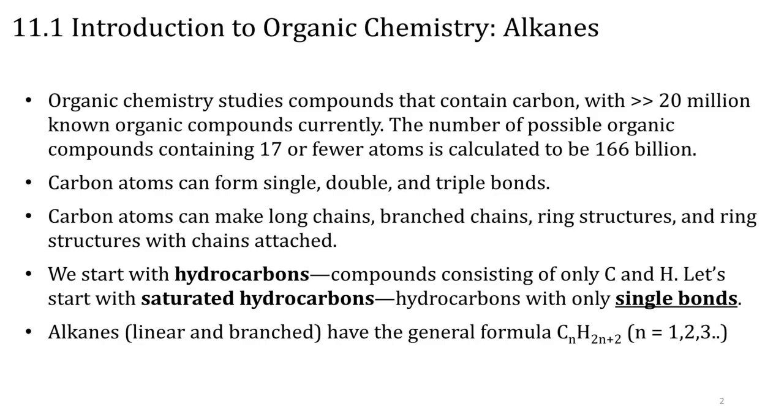There's actually one published study, and I'll show it during lecture. It calculated the number of possible stable organic compounds that had 17 or fewer atoms, that is, 17 or fewer carbon, hydrogen, nitrogen, oxygen, and sulfur atoms. And they calculated there are over 166 billion possible compounds.